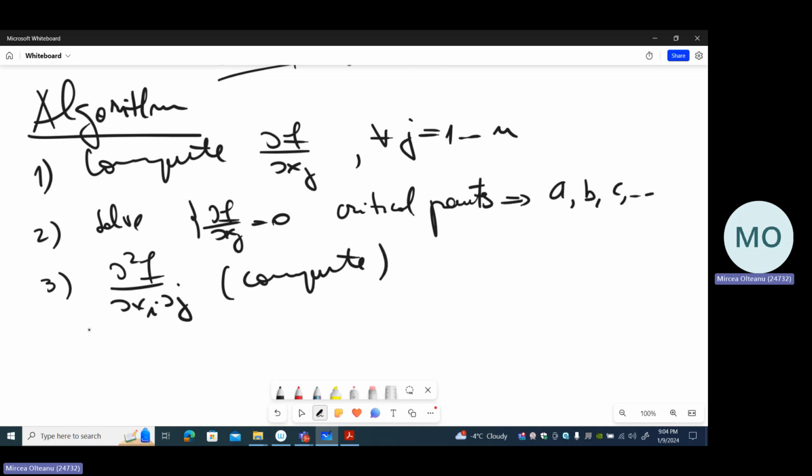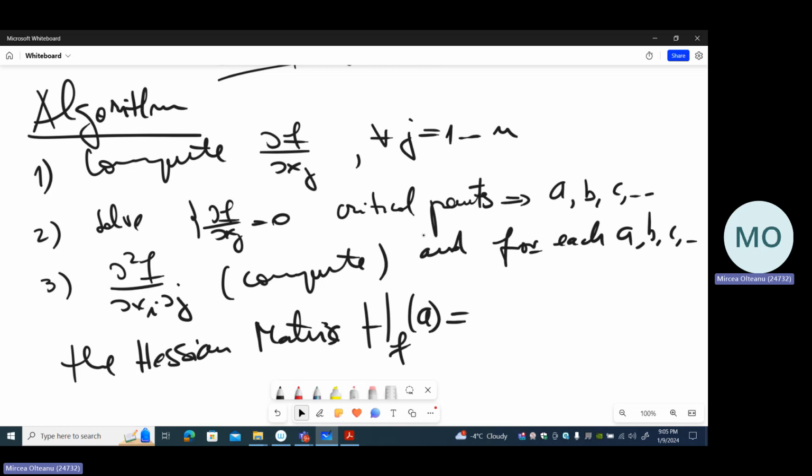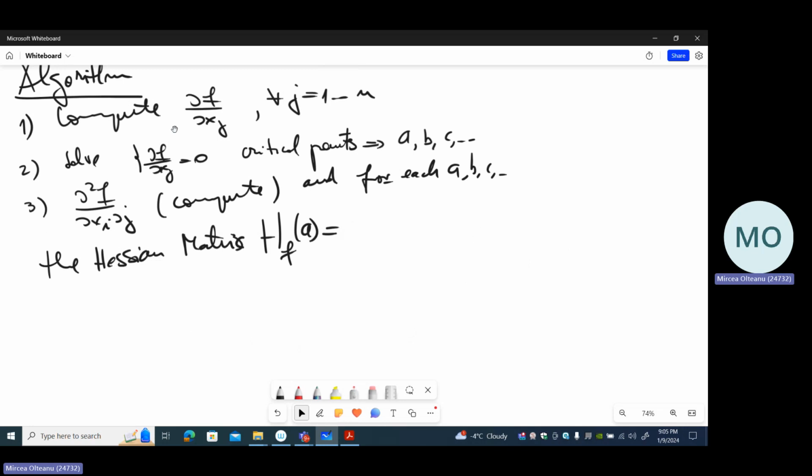And for each critical point, A, B, C, and so on, we compute the Hessian matrix, usually denoted by H_f applied to A, which contains the second order partial derivatives of the function f at the point A. This is a quadratic matrix, symmetric.